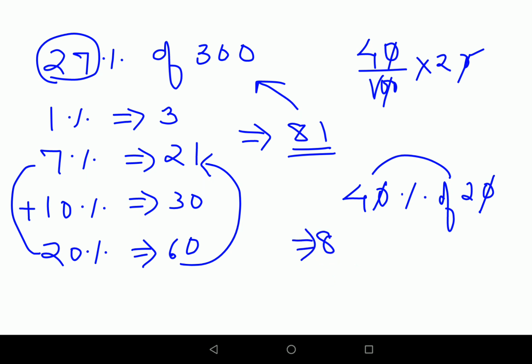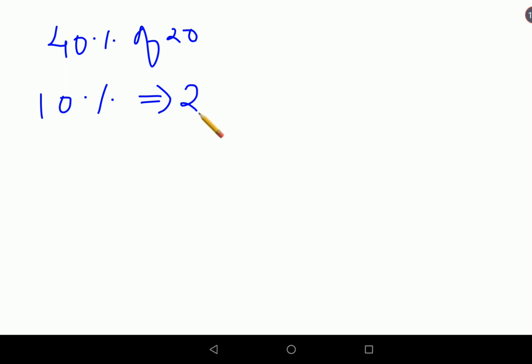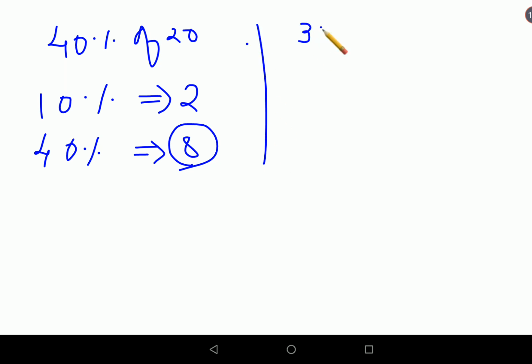If you want to check, you can check it this way. We were doing 40% of 20. 10% of 20 was 2. So 40% would be just multiplying both sides by 4. So the answer would be 8. I hope this is very clear to everyone. So let's very quickly do 30% of 150.